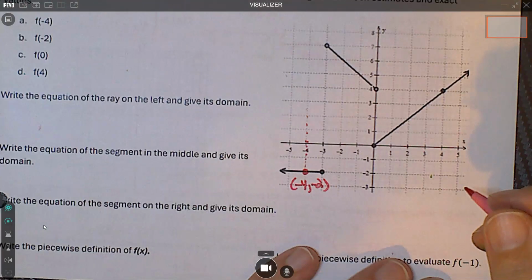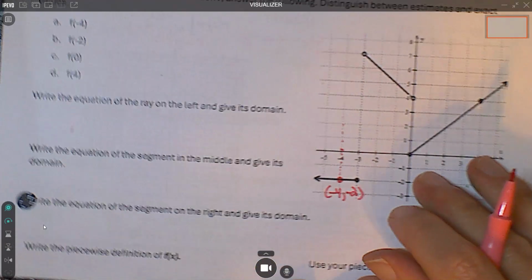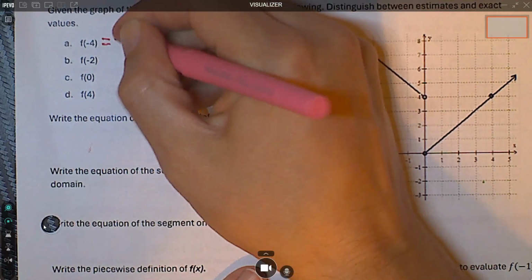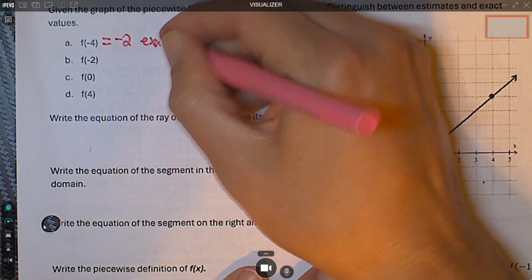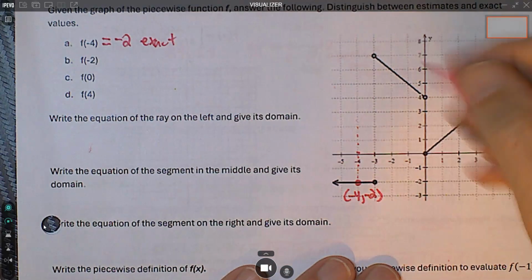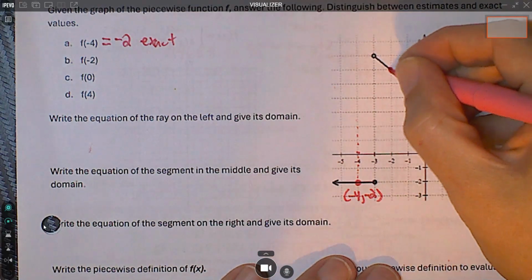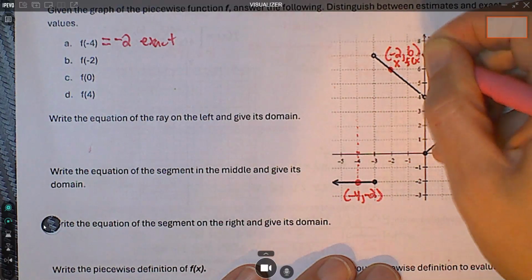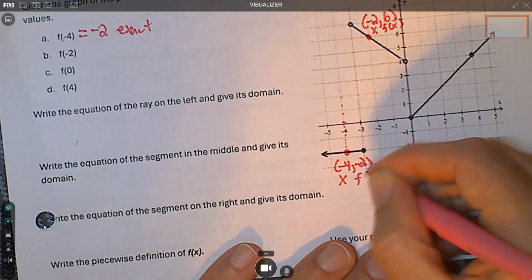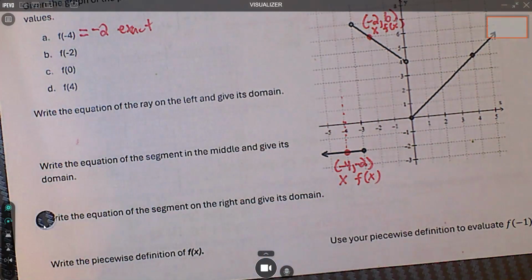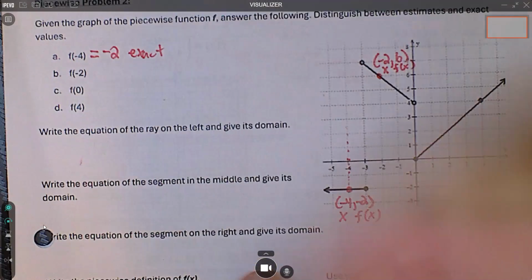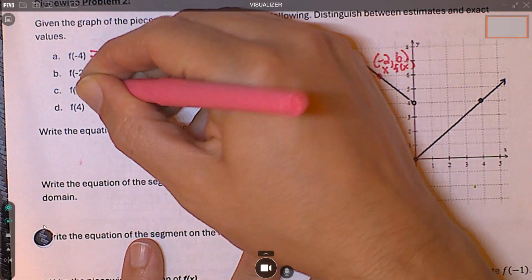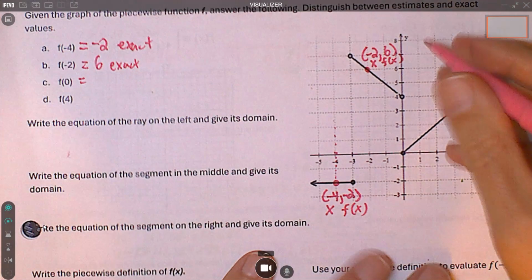Okay, so if I go over to negative 4, I look down there, y is negative 2. F of negative 2. F of 0.